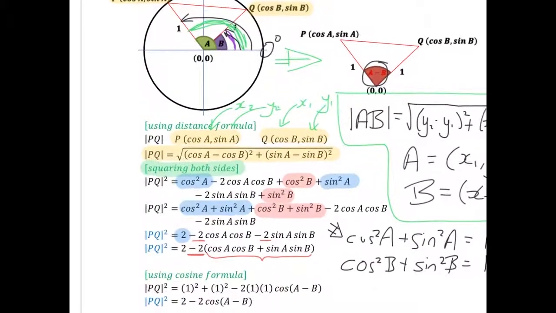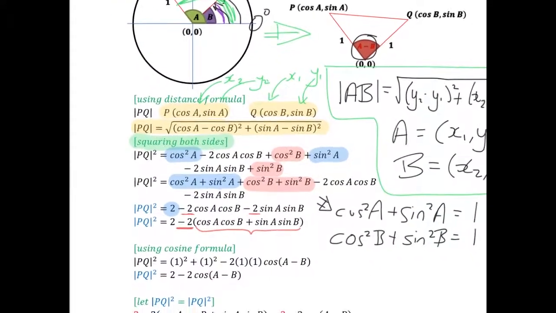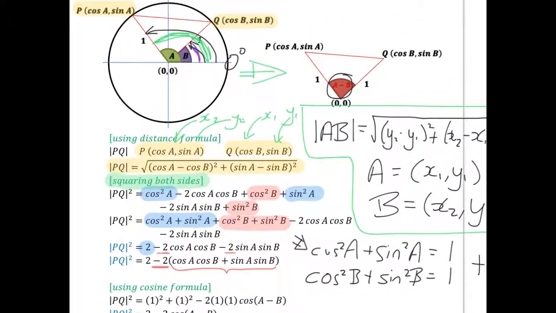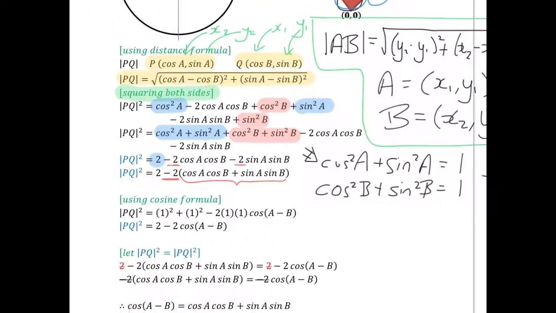And now we need to do another different approach. We're going to look at our triangle we had up here, and we're going to use the cosine rule on it to find the length of the side PQ up here, since we know this angle and we know the length of the two sides on either side of it, which means we can use the cosine rule to find this length here, and that is done down here.